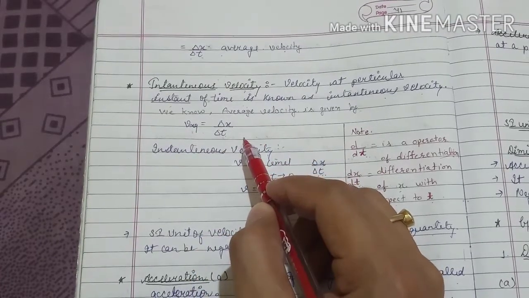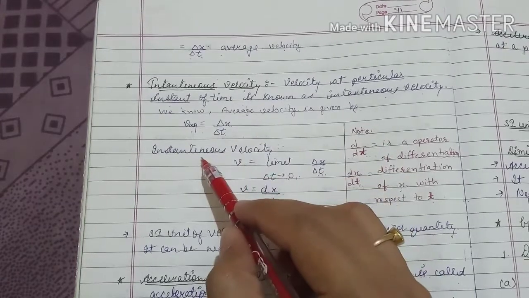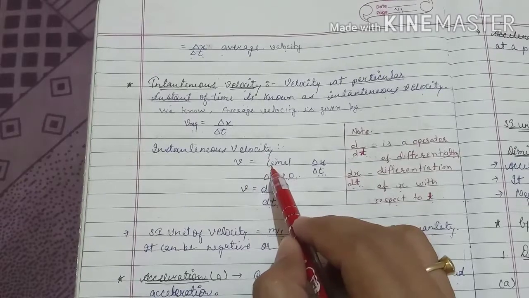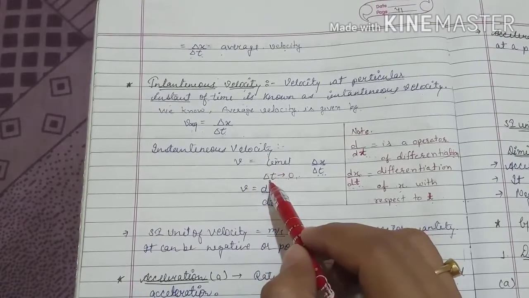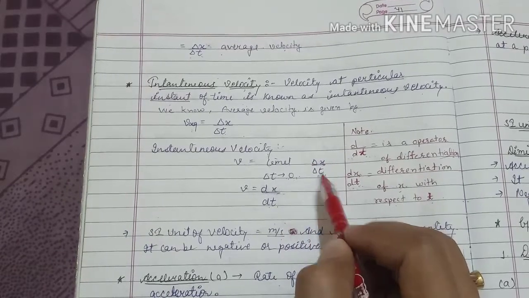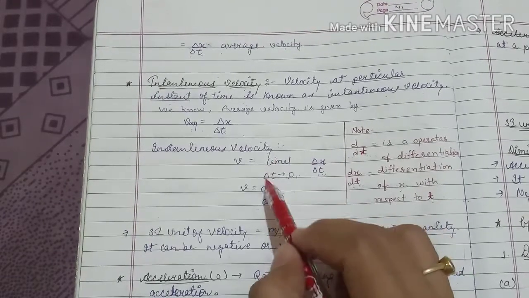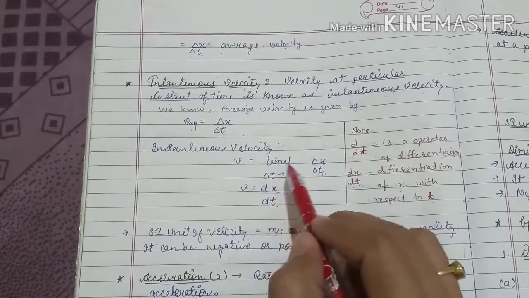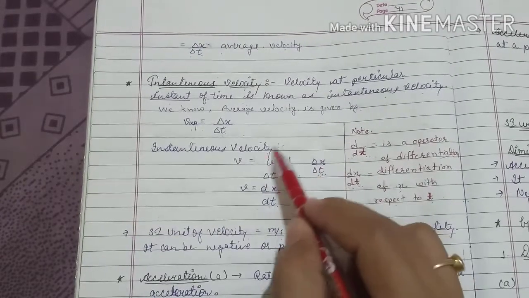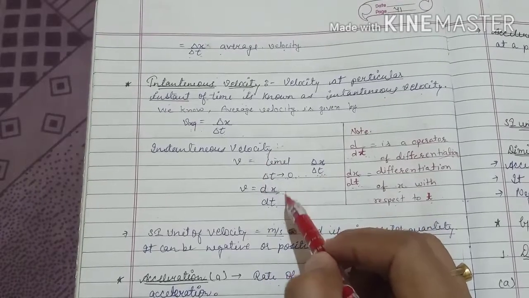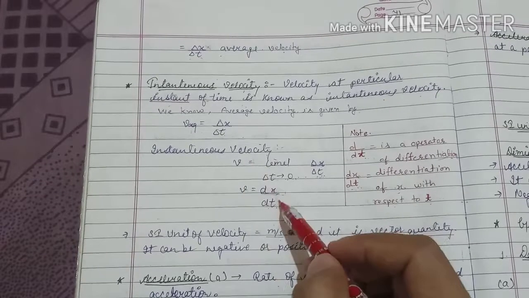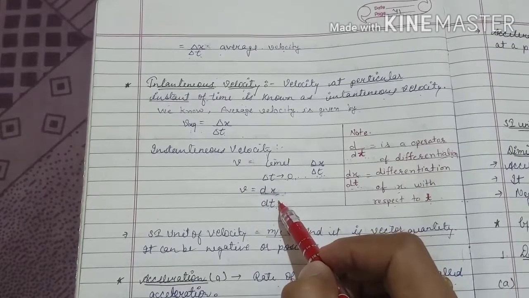Then if we put the limit delta t tends to 0, delta x over delta t, this is one complete single expression. Limit delta t tends to 0 of delta x over delta t comes out to be dx over dt. Now this is the instantaneous velocity, and the new thing is dx over dt.